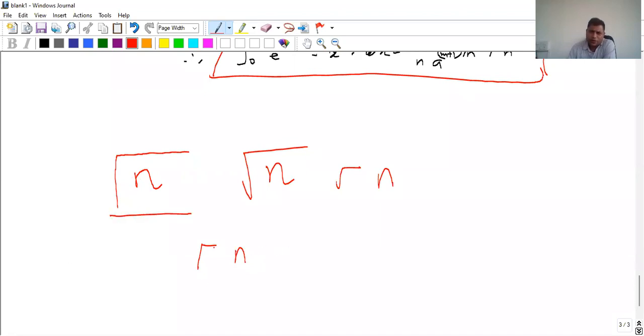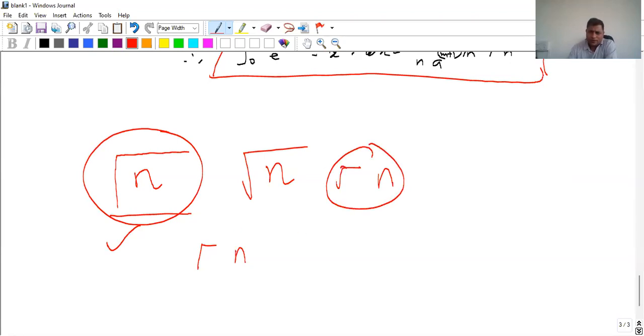It is possible that sometimes people do not get the proper symbols, so that's why they write it like that. But it should be like this. This is the correct way to write it. This is not the way, but this is the correct way.